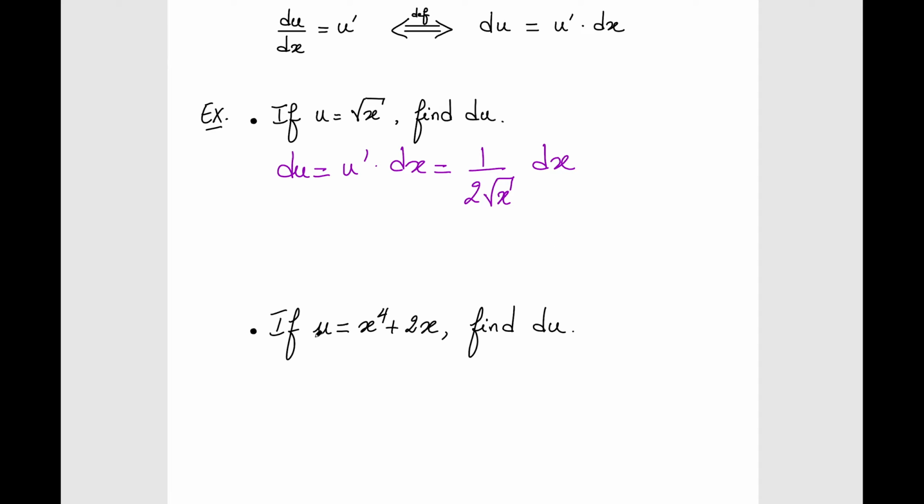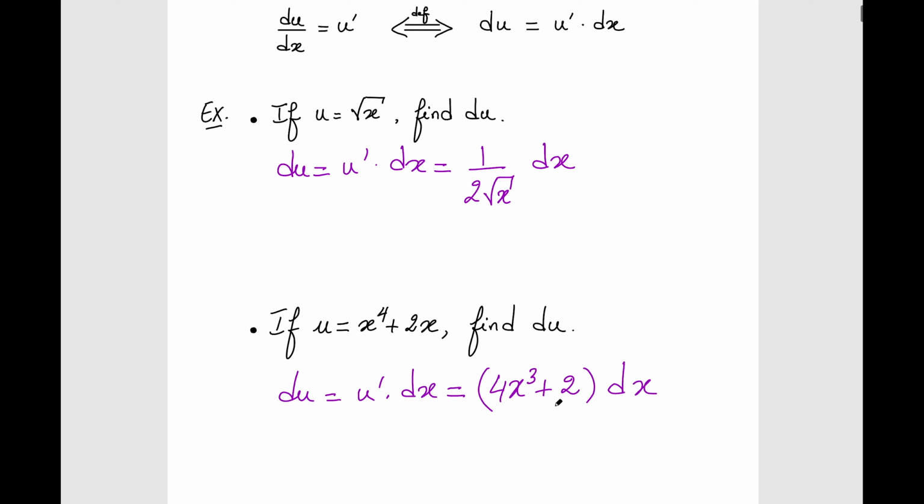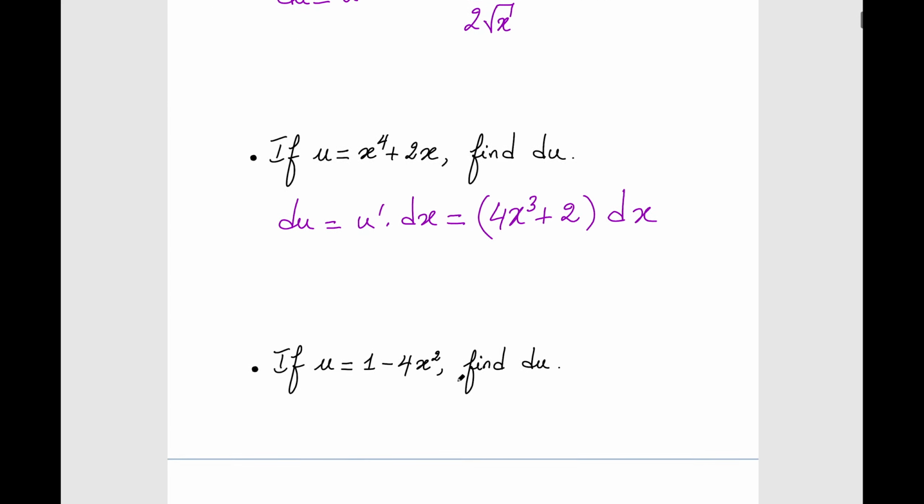Next situation. If u is x to the power 4 plus 2x, find du. Again, by this definition, du is u prime times dx, and u prime is the derivative of this function, so it's 4x cubed plus 2, times dx. One more time.